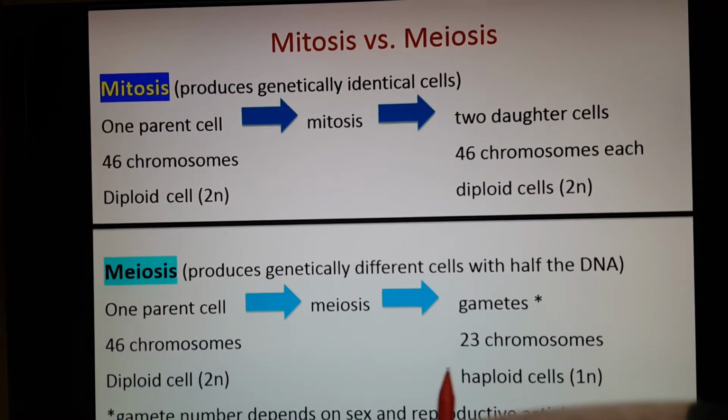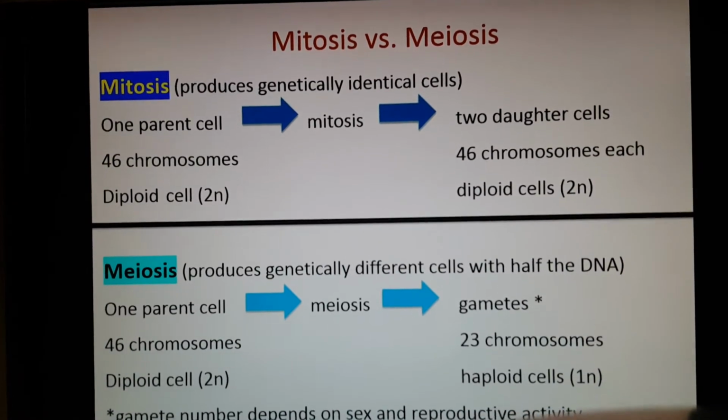So half the DNA from the one parent cell in our gamete cells. These cells are now called haploid cells because they have half the DNA. The denotation for them is 1N. So you go from 2N to 1N, from 46 chromosomes to 23, from a diploid cell to a haploid cell.